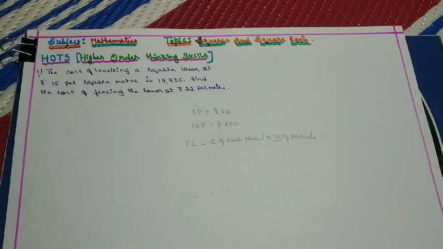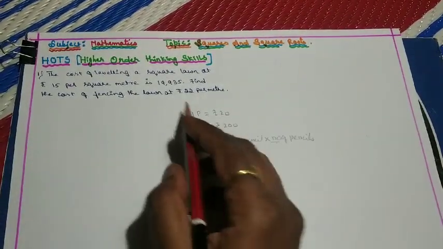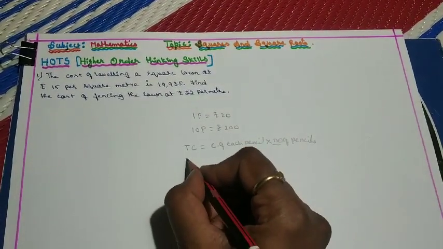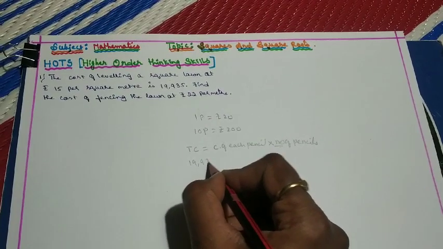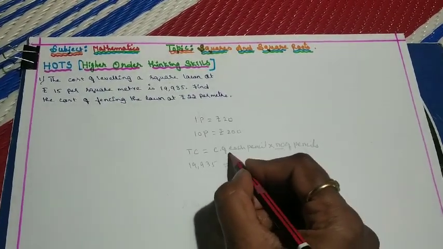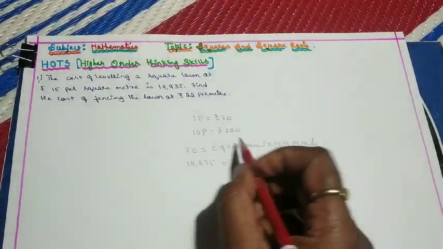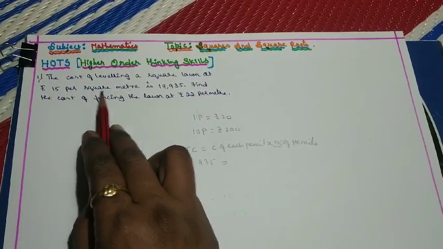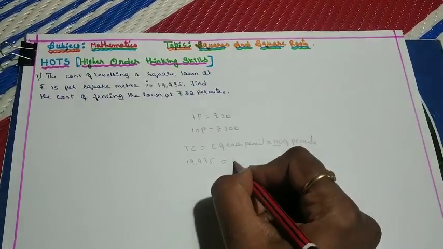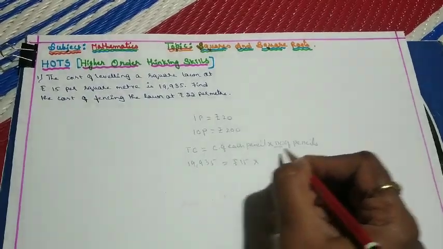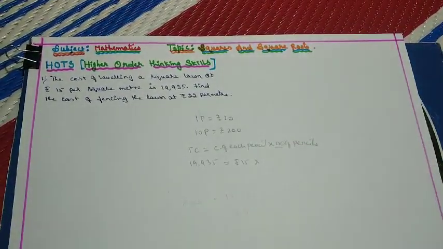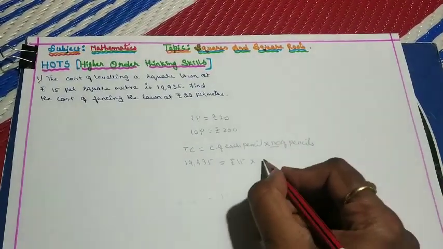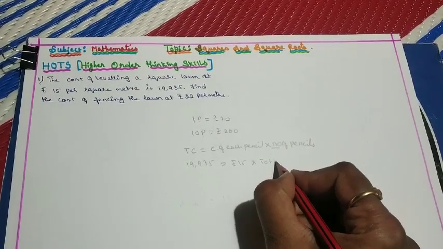The same way here, the total cost is given: 19,935 equals the cost per meter square, rupees 15, into, in place of the number of pencils, the total area.